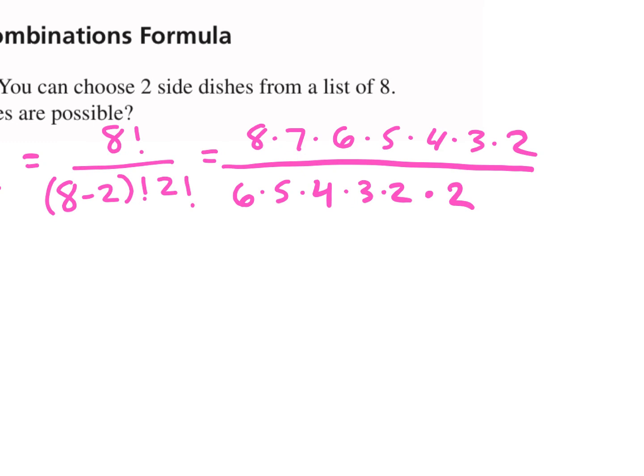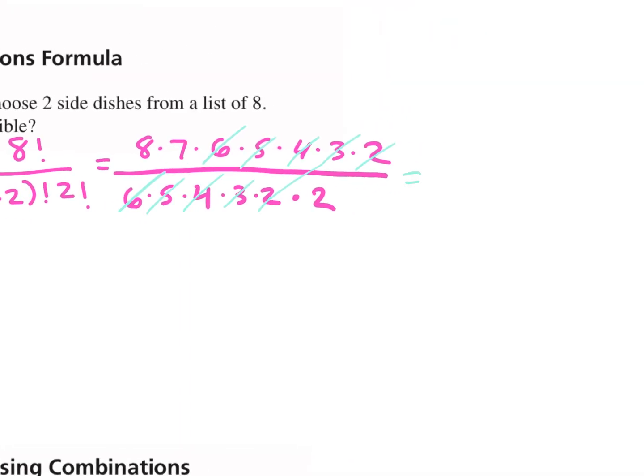So what can I cancel out on the top and on the bottom? Oh, wait, 6, 5, 4, 3, 2. I can cancel out the 6s, the 5s, the 4s, the 3s, and the 2s. So on the top, I'm left with 8 times 7, and on the bottom, I'm left with a 2.